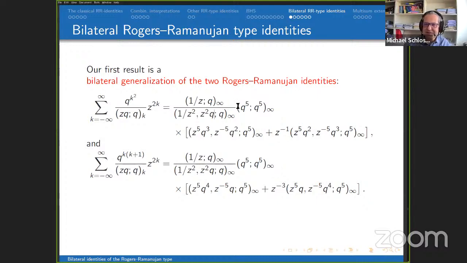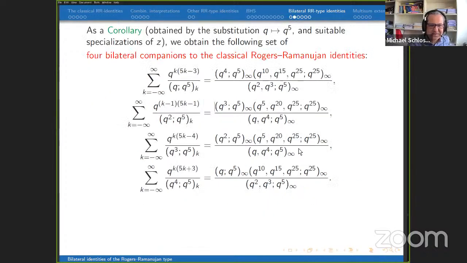Do these identities have combinatorial interpretations? Yes, so in the first version of my paper on the arXiv, I gave a list of combinatorial interpretations, not of this, but of these identities. I rewrote this as two series, k greater or equal to 0 and k less or equal to -1, and one can give combinatorial interpretations of both sides.